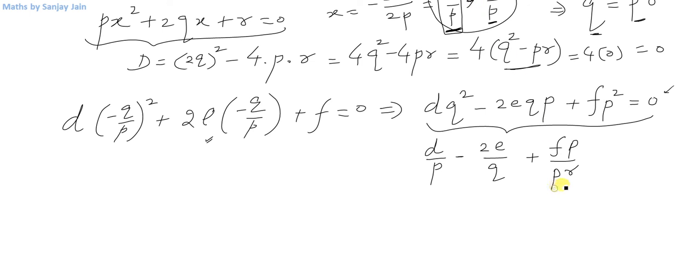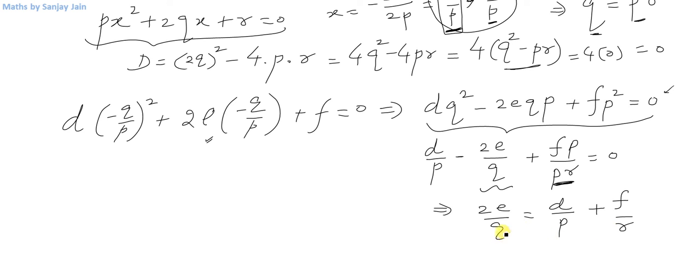Why have I written pr here? Because q squared will be equal to pr. Okay, so it will be equal to 0. Hence, I'll take this term on the right hand side. So 2e by q is equal to d upon p plus f upon r.